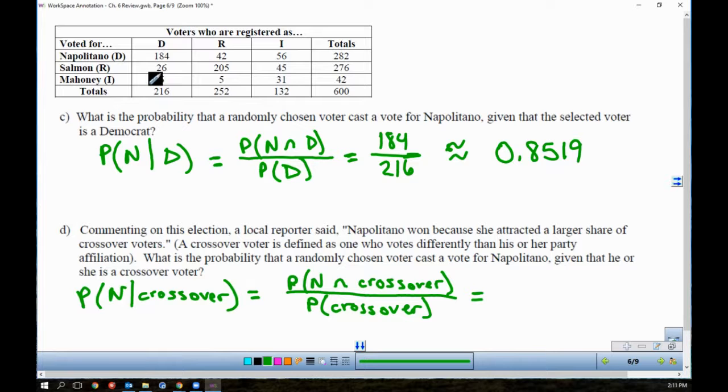For the Democrats, if they voted Republican or Independent, they're a crossover. Republican would be if they voted Democrat or Independent. And an Independent would be those that voted Democrat and Republican. So essentially, everything but the diagonal.